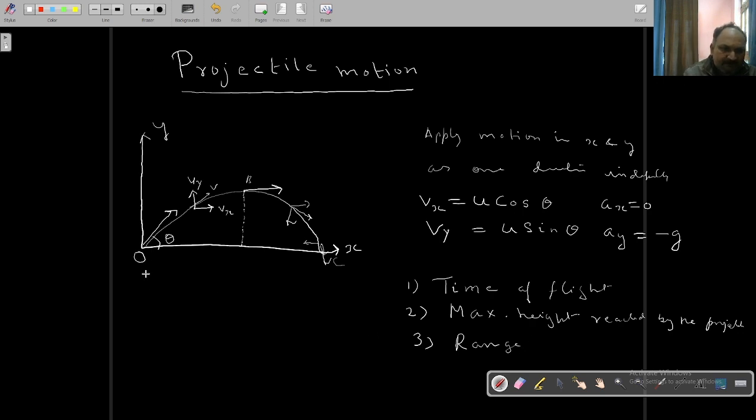This is the range from O till the point where the particle lands back on the ground. This is called range.